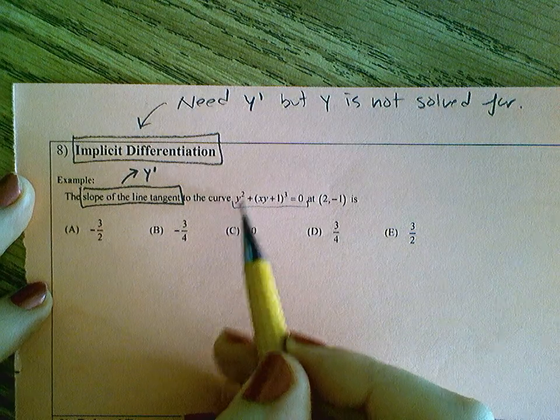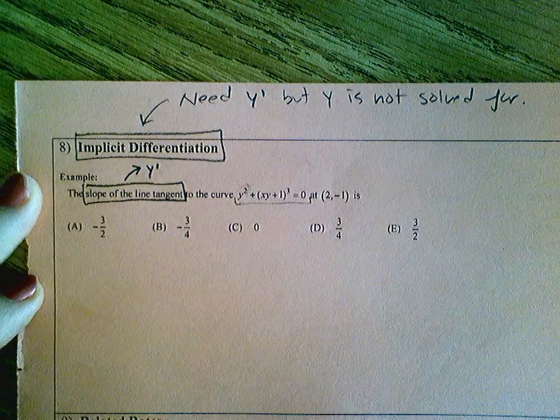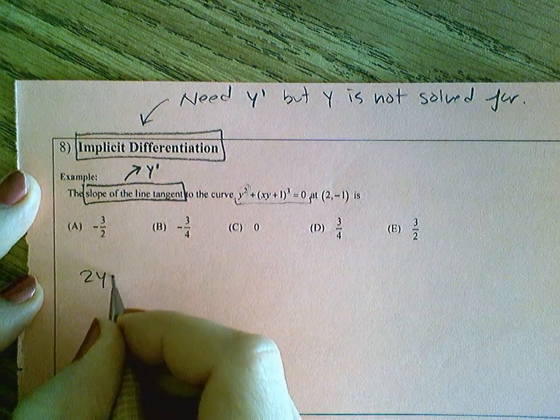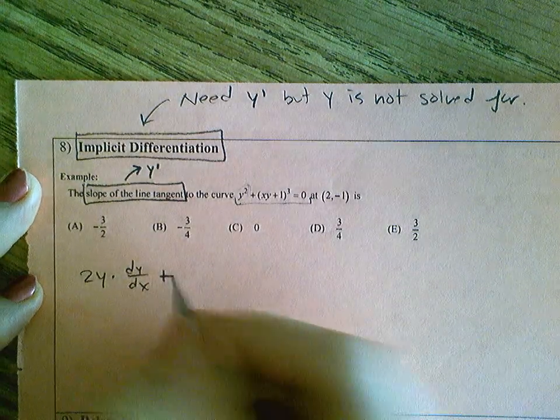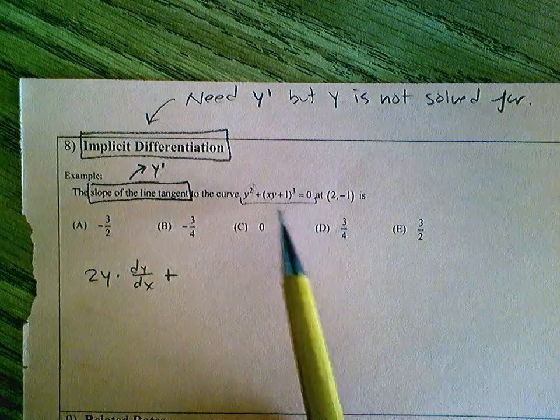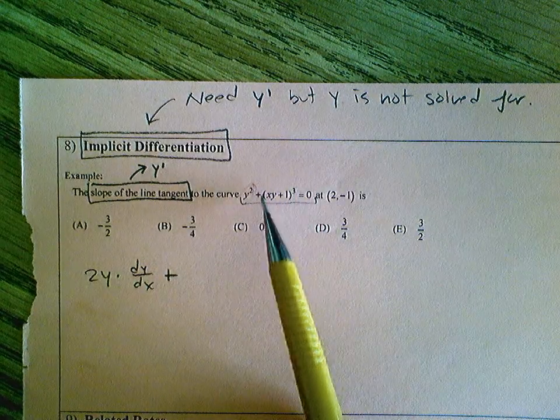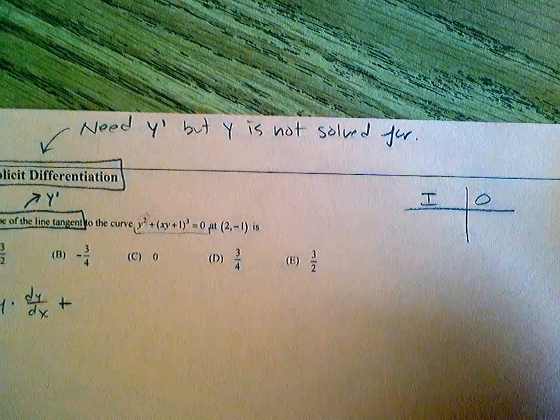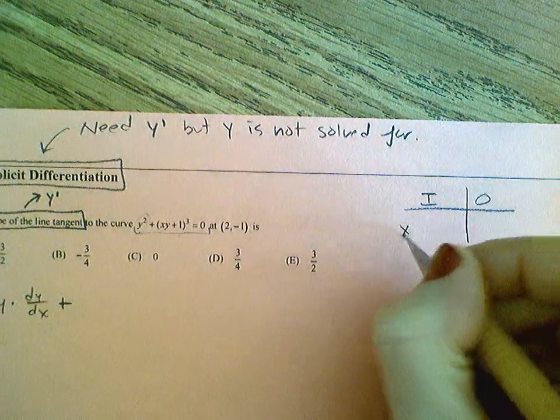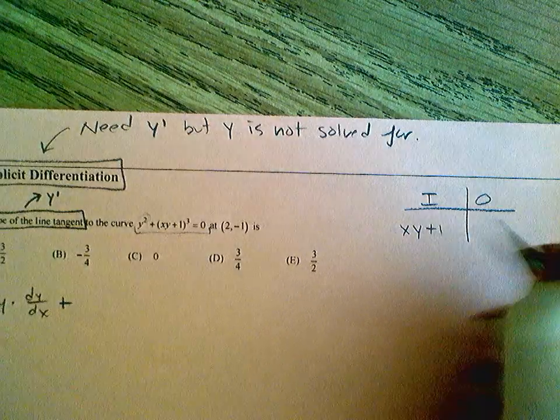So for this part, y squared, it's going to be 2y times dy/dx plus, now for the derivative of this next part, I need chain rule, so I'll go off to the side. The inside function is xy plus 1, and then blank to the 3rd.